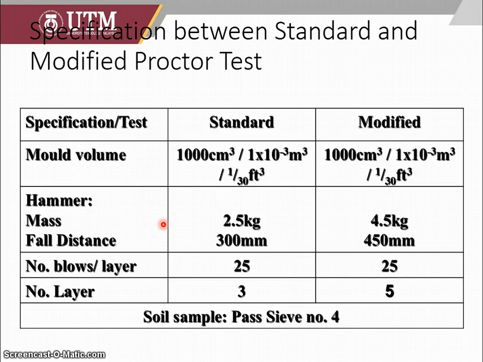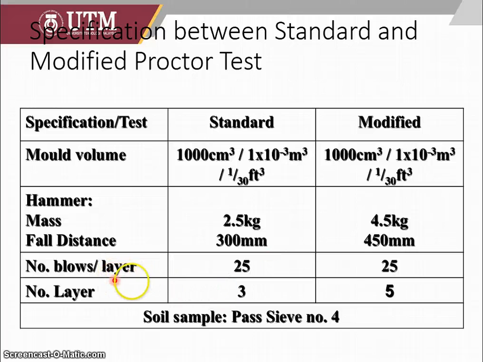It's not pushing the hammer, but free fall of the hammer, and the weight is 2.5 kilogram with a fall distance of 300 millimeter. However, during this demonstration, I will show you an automatic standard proctor that we recently have in our laboratory.